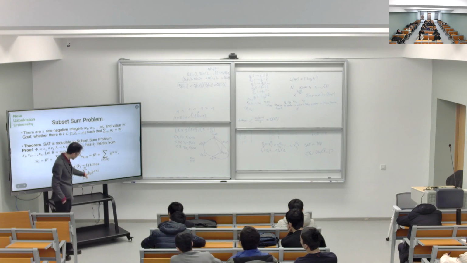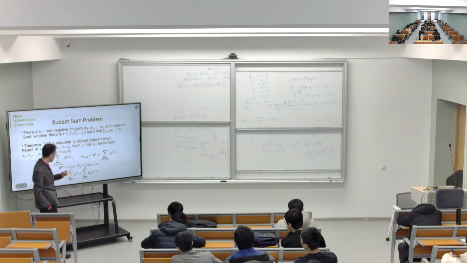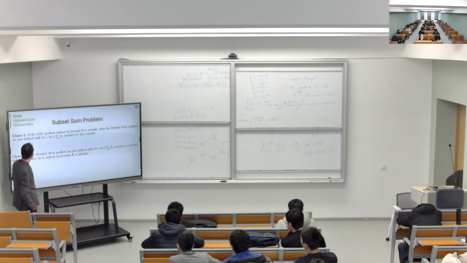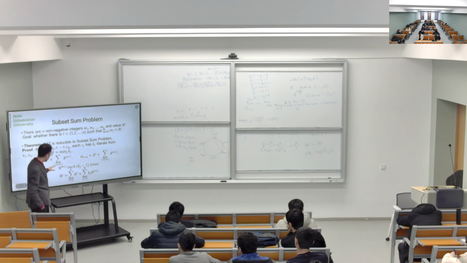It will say kj, where k means the number of summands in that clause, times B to the power of n plus j. So solving this problem, the number we just defined is also solvable. I mean, this is fair. So I want to get this target.